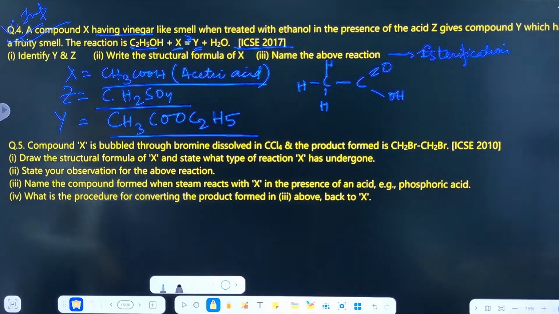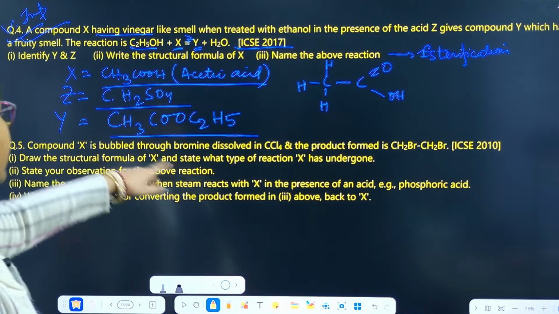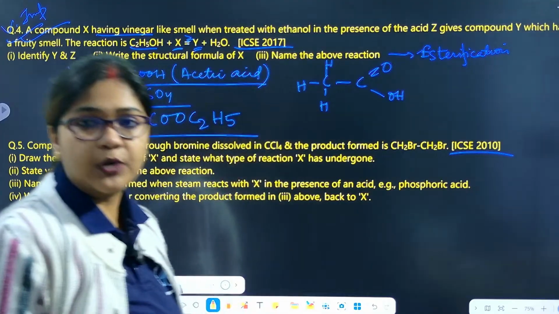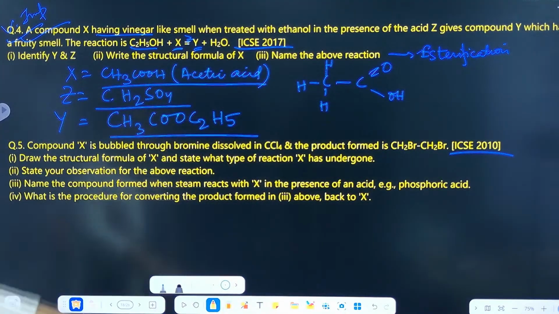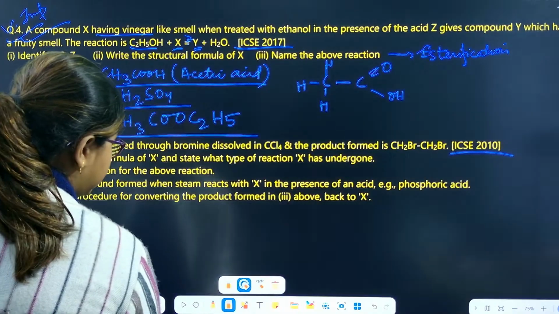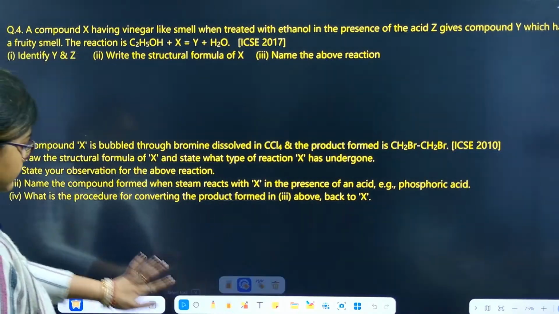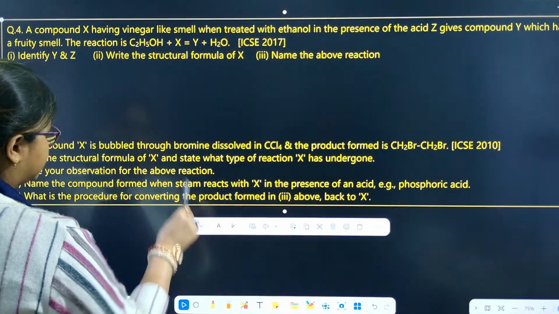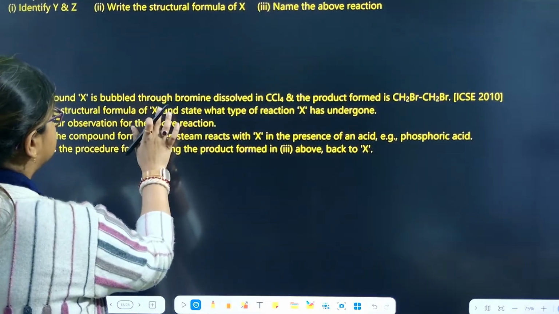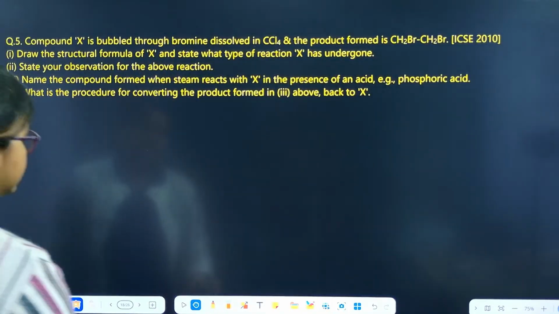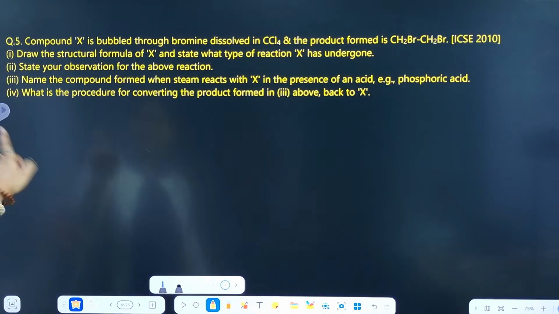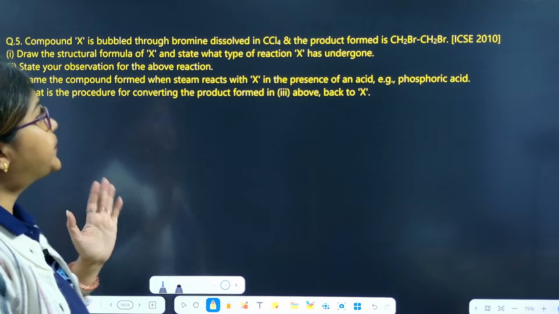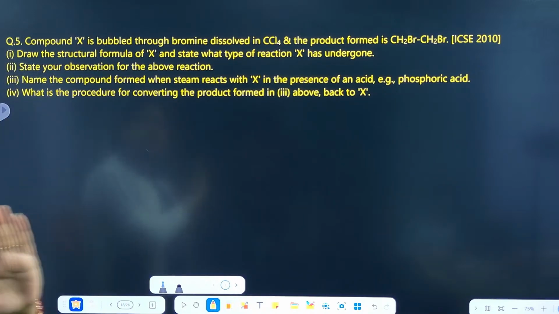Okay. Next, compound X is bubbled through. See, this question dates back to ICSE 2010. Compound X is bubbled through bromine dissolved in carbon tetrachloride and the product formed is CH2Br, CH2Br.